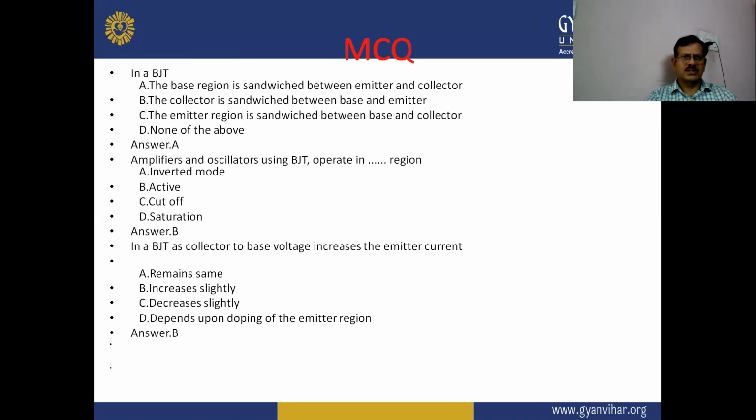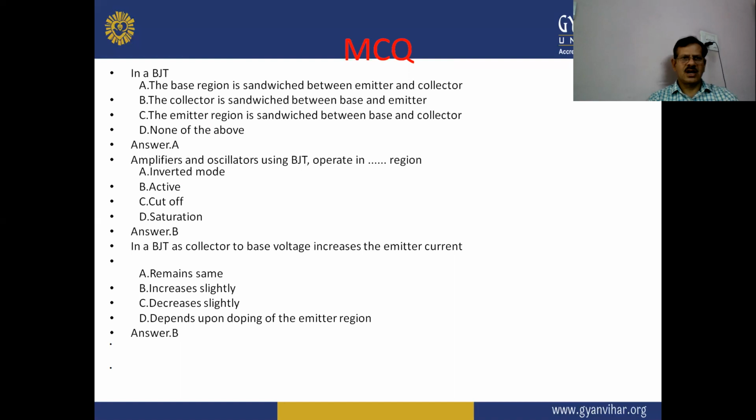In question first, in a BJT or bipolar junction transistor, option A, the base region is sandwiched between emitter and collector. Option B, the collector is sandwiched between base and emitter. Option C, the emitter region is sandwiched between base and collector.